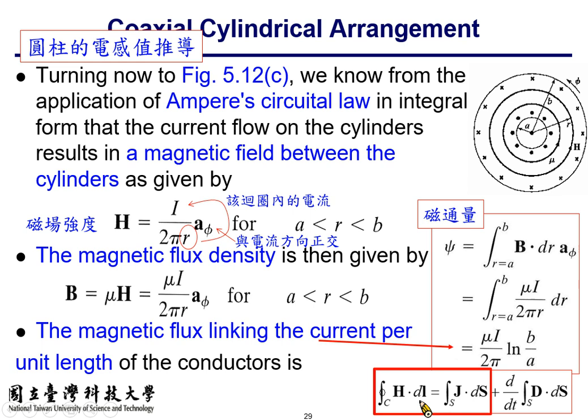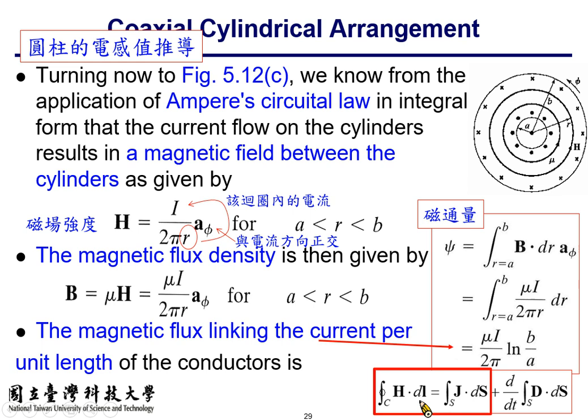In this case, the total current is I flowing on the inner cylinder. You can put a subscript, I_A equals minus I_B, but according to the textbook, let's just put I here.